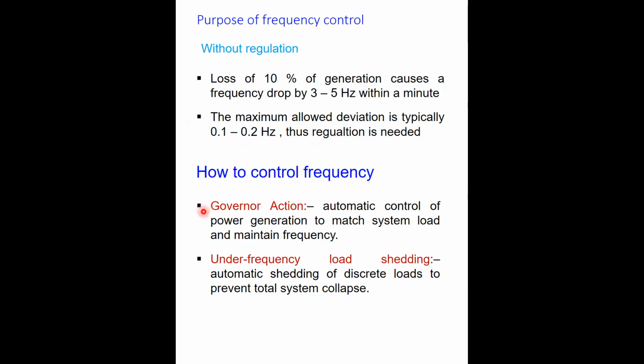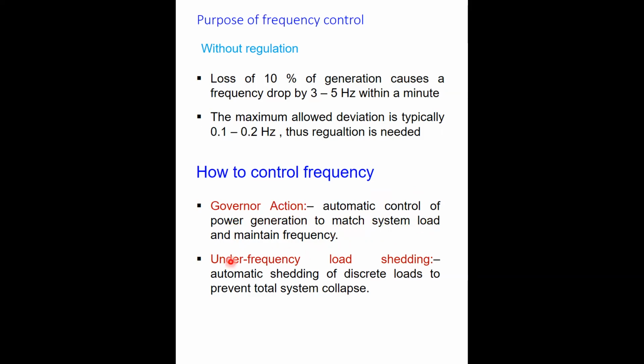And that will be in 2 ways. But most effectively, what we apply in the system is through governor action. So you have an automatic control of generation so as to match the generation against the load and maintain the frequency.